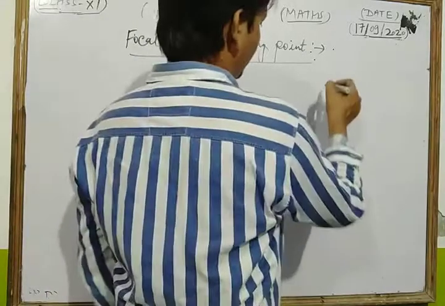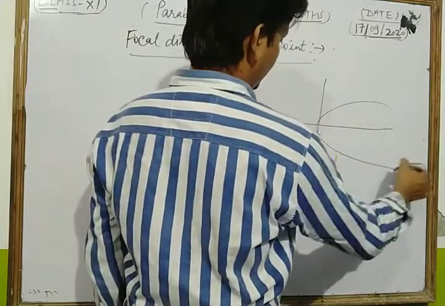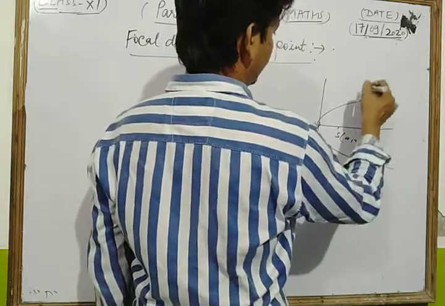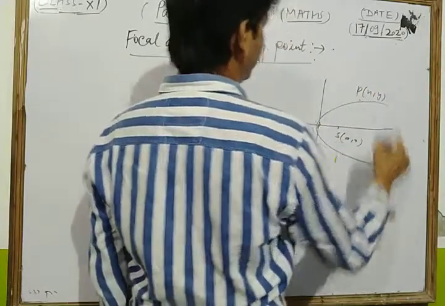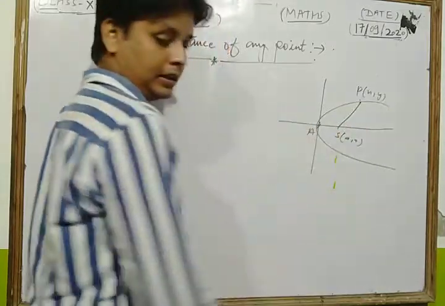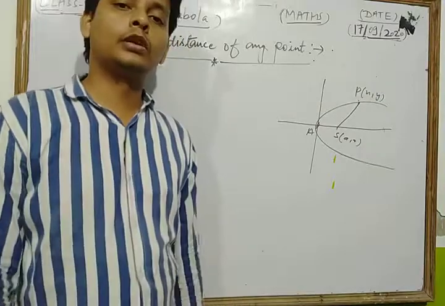Dear student, in any parabola, let's see, this is the right hand parabola, this is the vertex A, this is the focus, the coordinate of the focus is (a, 0), and the length from P(x, y), the point on the parabola, to the focus S. This length SP is known as the focal length.